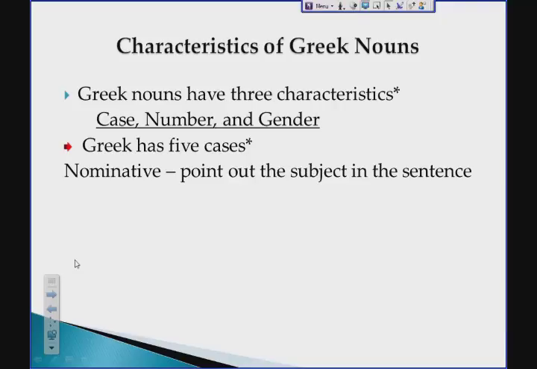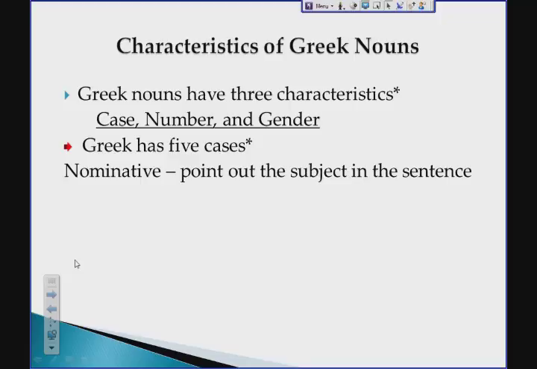The nominative case, it points out the subject in the sentence. God created the heaven and the earth. Ho theos epoiesen ton ouranon kai ten gen. That ho theos, your God in that sentence, it has the os ending as you look at the previous line.